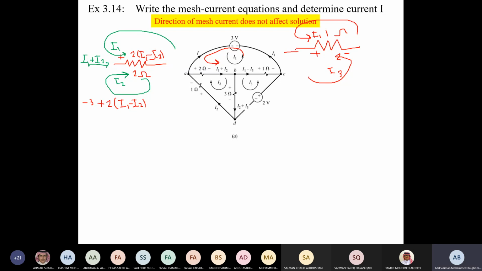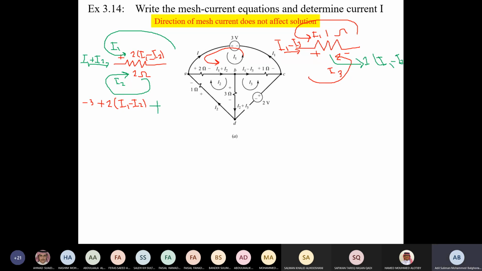The current over here will be I1 minus I3. That means the voltage here is going to equal 1 (I1 minus I3).